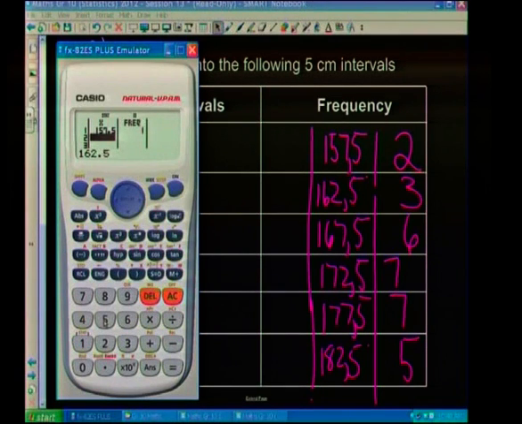That's easier. 162,5, 167,5, 172,5, 177,5. Be very careful while you're entering. It's so easy to make a mistake. And 182,5.